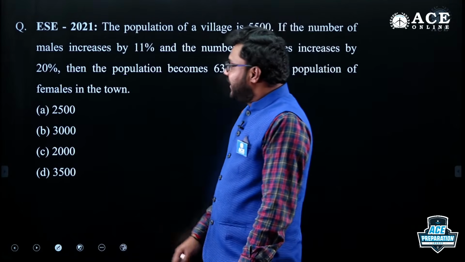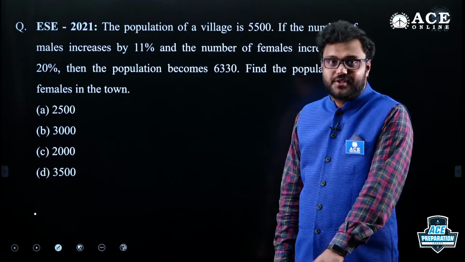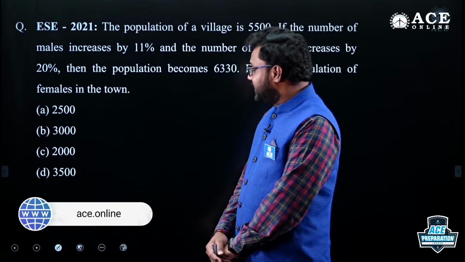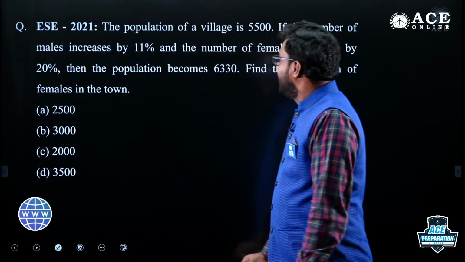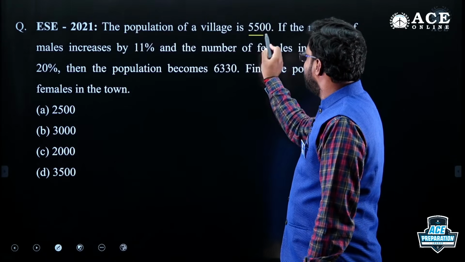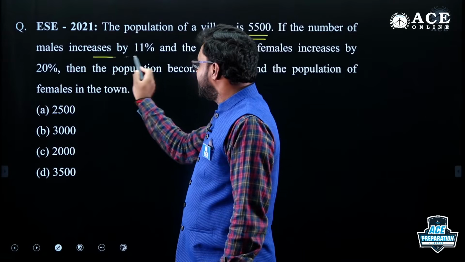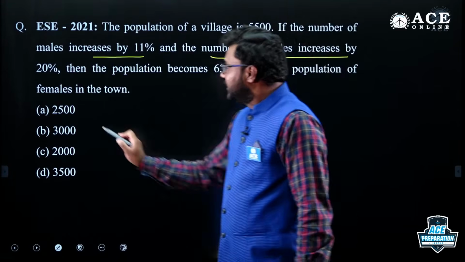In ESC 2021 prelims, one question, 2 marks weightage. Every question is 2 marks weightage. See this question, my dear friends. Here they have given that the population of a village is 5,500. If the number of males increases by 11% and the number of females increases by 20%.